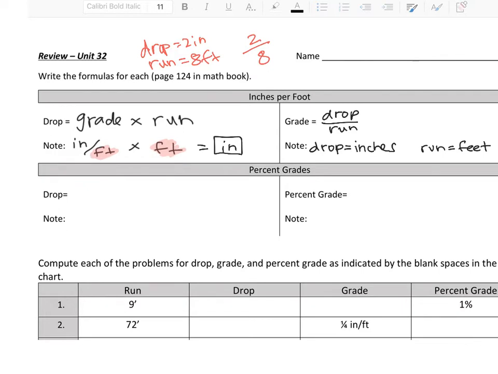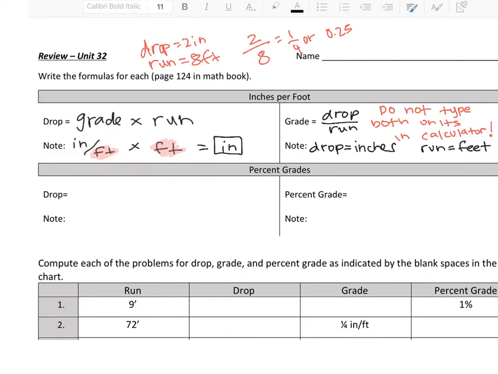I wouldn't type inches, I wouldn't type feet, and when I get my answer, it's going to say 1/4 or 0.25, and I know that that's inch per foot. So that would be 1/4 inch per foot. If you want to write that down, I would suggest it: do not type both units in the calculator. Otherwise, it'll mess it up.